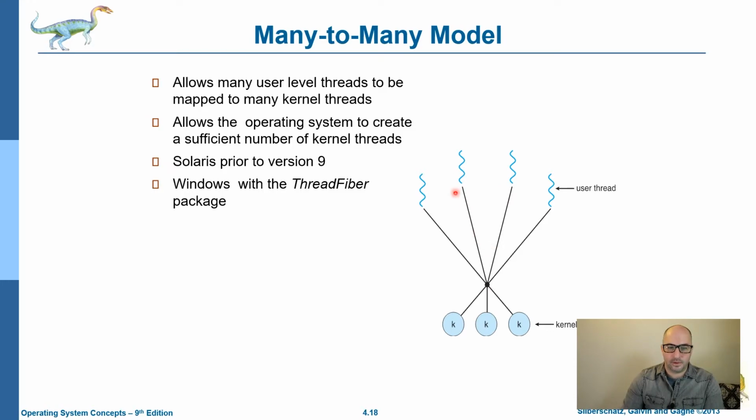And eventually, when one of them terminates, the 4th will be picked up to execute in one of those kernel threads. And this allows the operating system to bound the performance of its threading so that only a certain number of threads are created, and limit the resource usage of a large multi-threaded system.